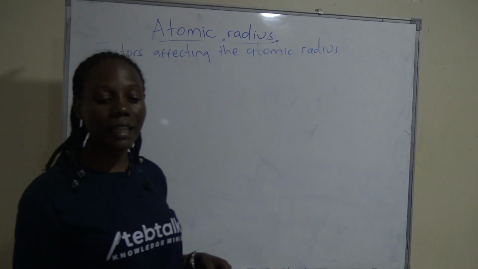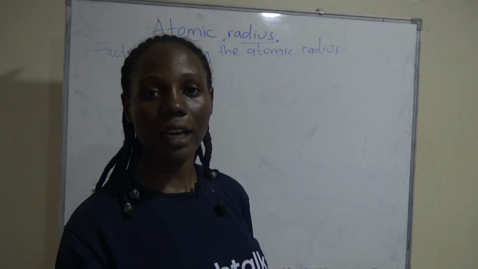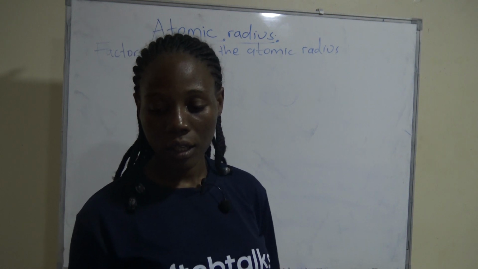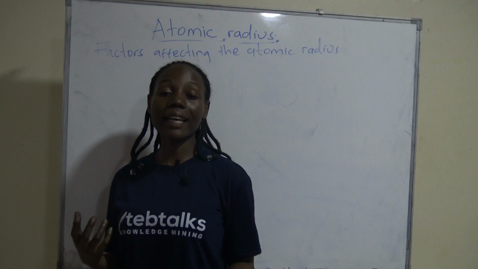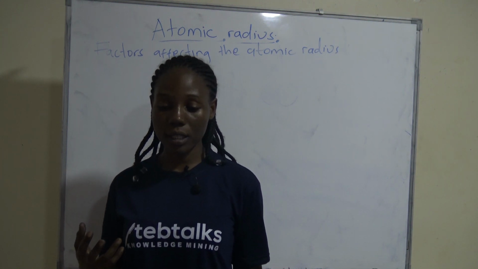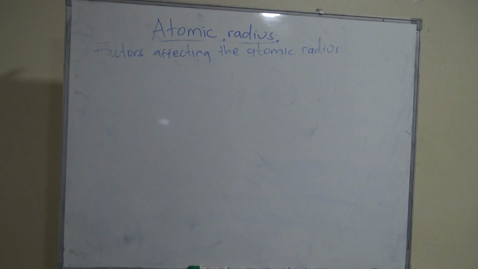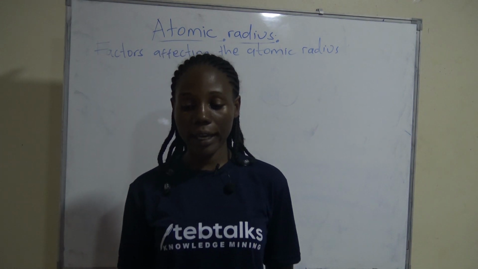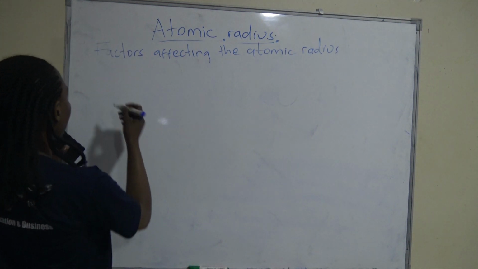Then the other factor is what we call the screening effect. Under the screening effect, this is the tendency of inner electrons to shield off or to shield outer electrons from nuclear attraction.